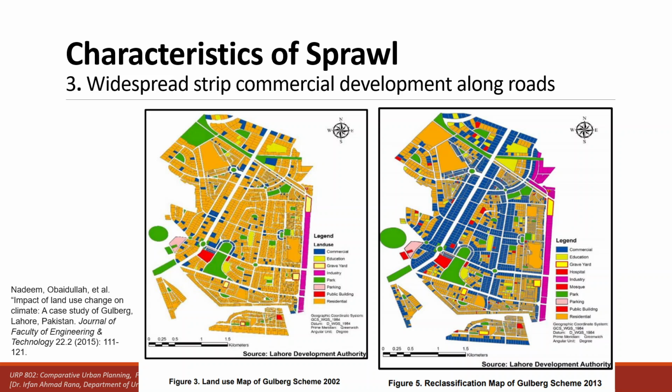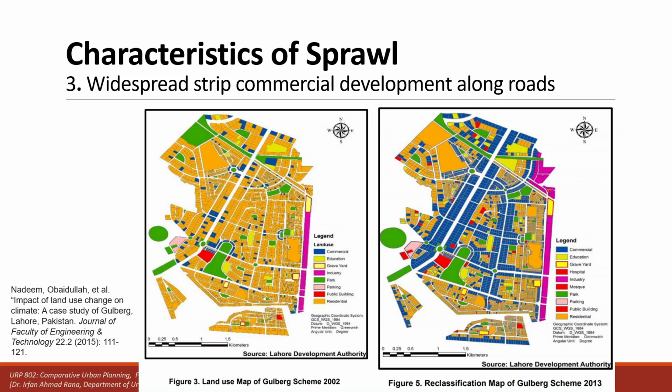And particularly, those commercial activities will start along different roads. So some kind of strip or ribbon development also takes place in the form of a linear pattern across major arterial highways, and like other aspects of urban sprawl, it encourages traffic congestion.